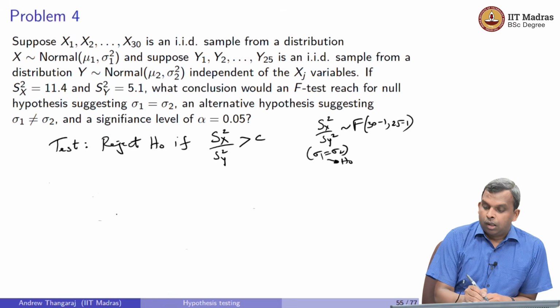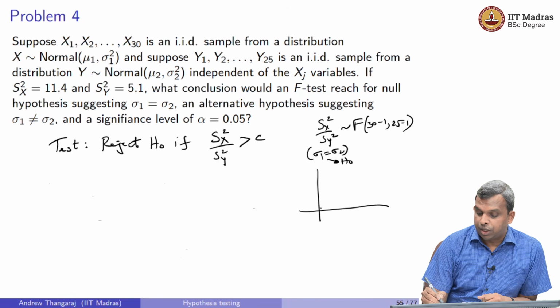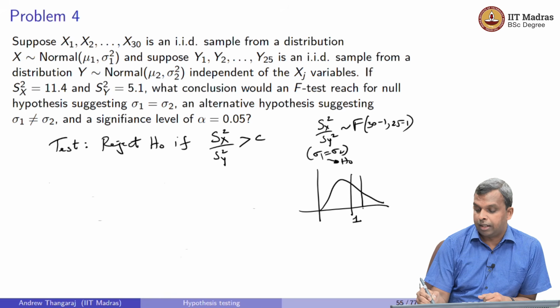We know the F distribution is not symmetric about 1, and one needs to pay attention to that. So it will have a distribution like this, and then it will be around 1. For the F test you have to look at it, and then there will be this 1 plus CR and then the 1 minus CL, and I will have this area as alpha by 2 and this area as alpha by 2.